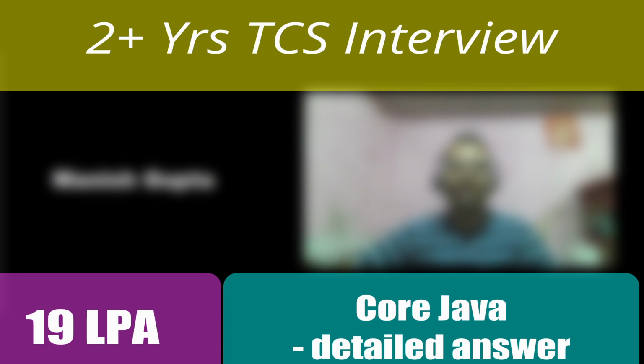And similarly, we have a static method. For example, suppose we have public class MathUtil, and a method public static int add, which accepts two variables int a and int b, and returns a plus b.